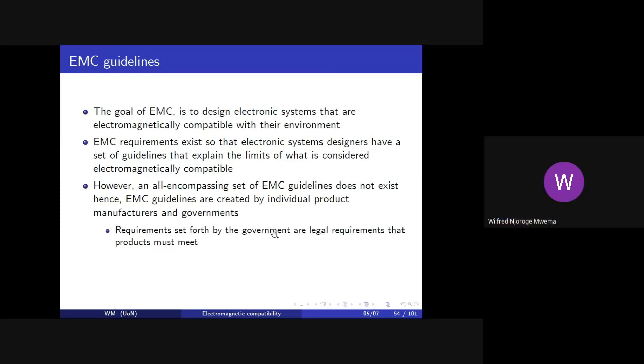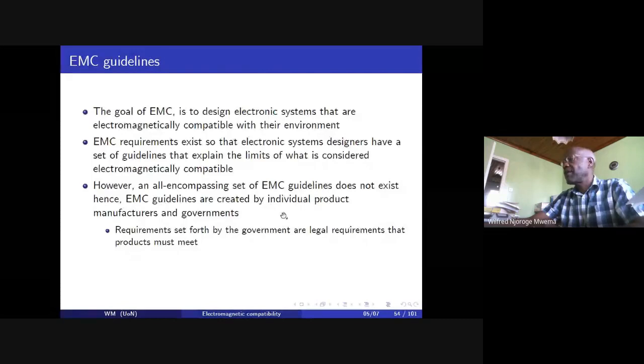The requirements that have been set forth by the government are usually legal requirements, and the products must meet them. Then there are those that manufacturers put on their equipment so that they can always brag that our equipment is very nice compared to this other competitor and so forth. But there are those that must be met that have been set forth by government.